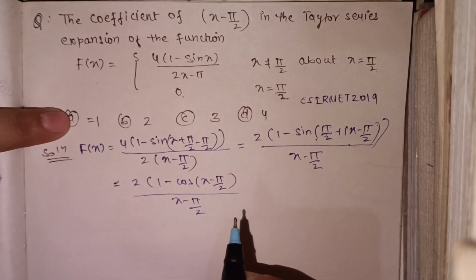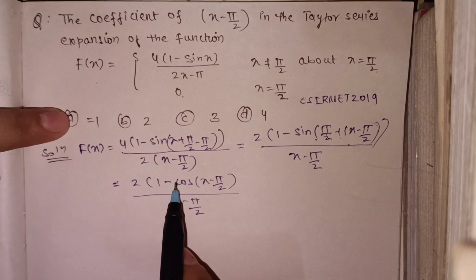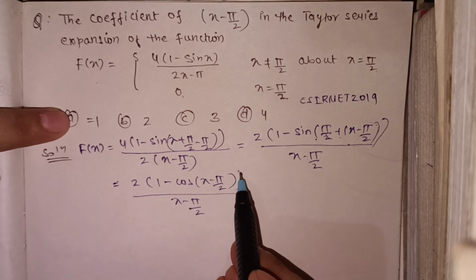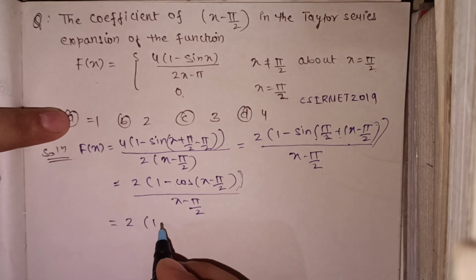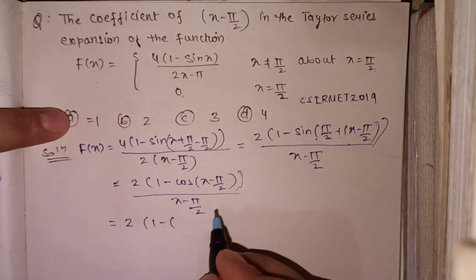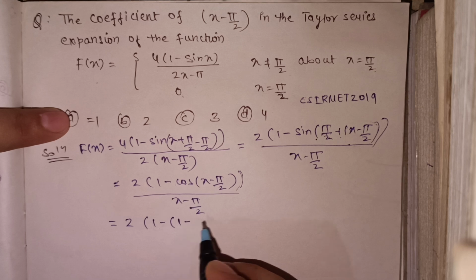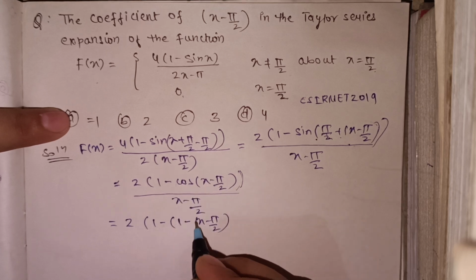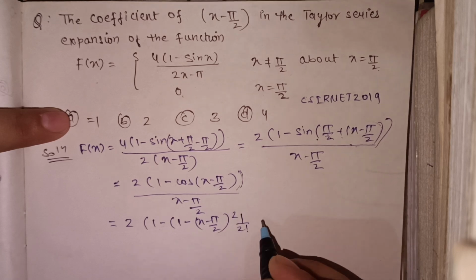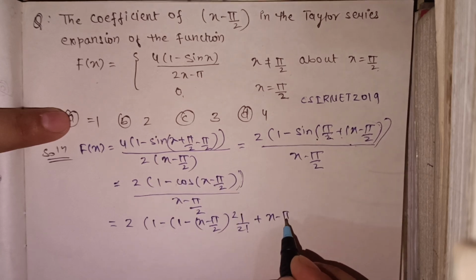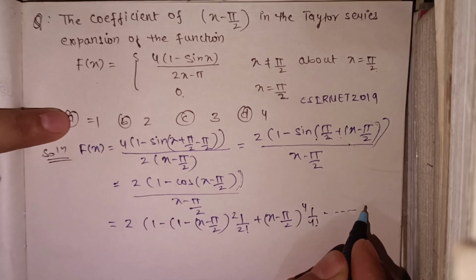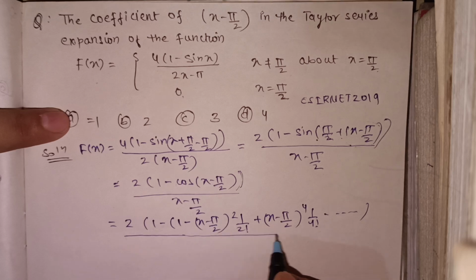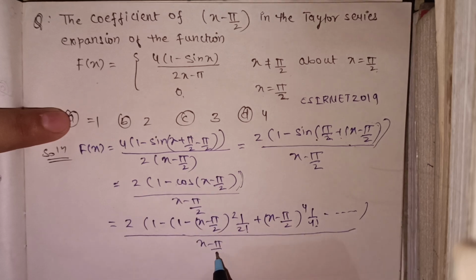Now we have to expand this function using the series of cos x. This is cos(x minus pi by 2). What do we get? 2(1 minus, what is the expansion of cos x? 1 minus (x minus pi by 2) to the power 2 upon 2 factorial plus (x minus pi by 2) to the power 4 upon 4 factorial, negative and so on) upon x minus pi by 2.